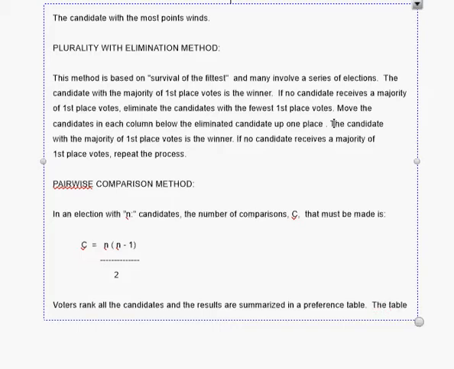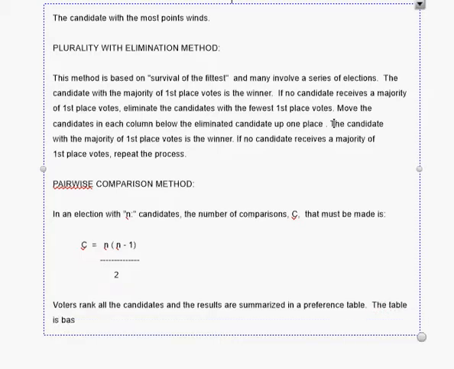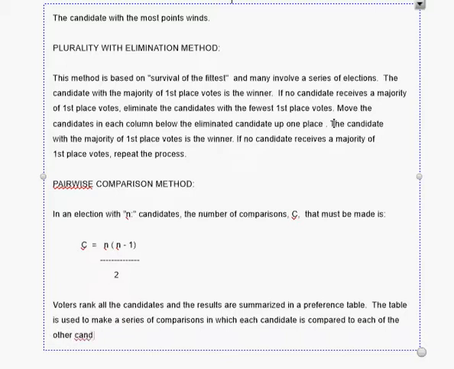The table is used to make a series of comparisons in which each candidate is compared to each of the other candidates.